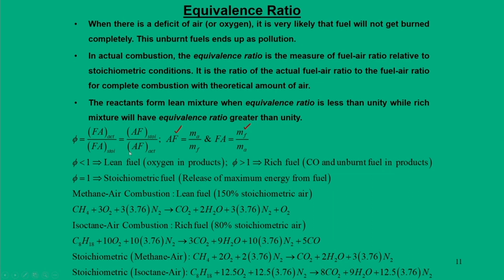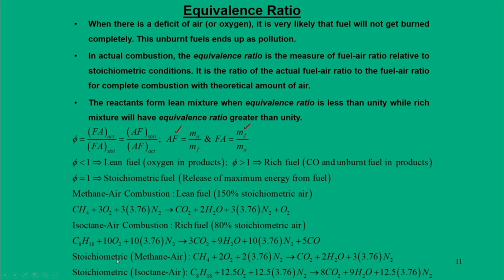Now, from this equation it is clear that when phi is less than 1, it is a lean fuel mixture, which means oxygen remains in the product. Let us look at these equations for methane air combustion in a lean mixture.